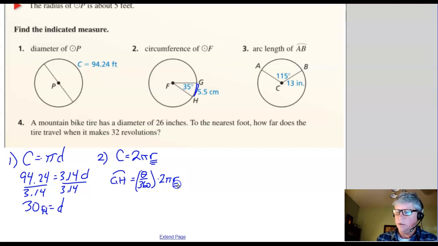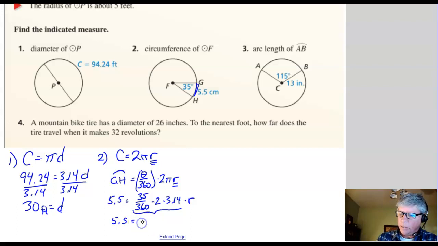Ooh, there's the r. So let's fill it in and solve for it. The length is 5.5, the angle is 35, over 360 times 2 times 3.14 times r. I'm going to put all these numbers together, get a number, and then divide both sides by that, and life should be good.